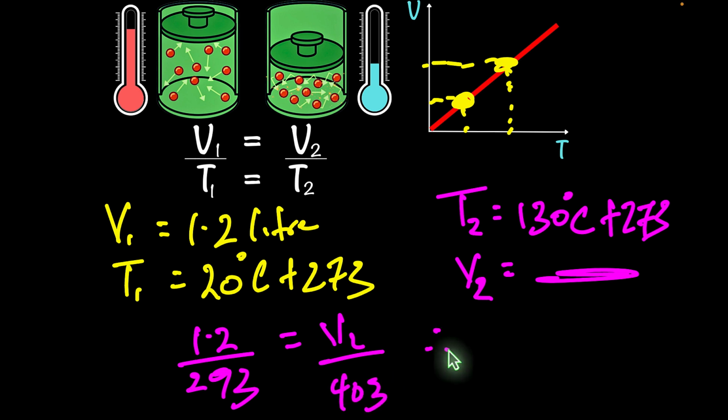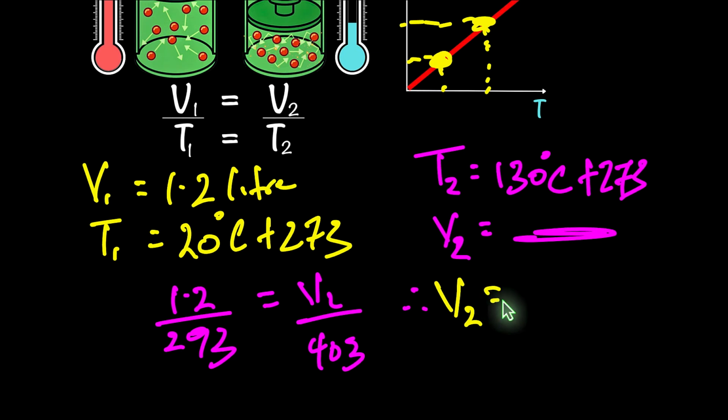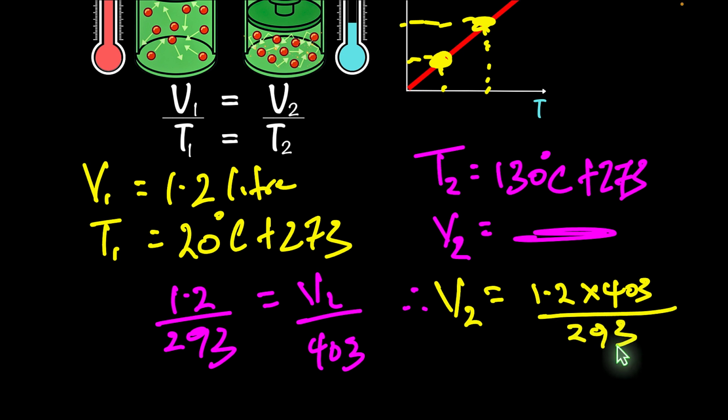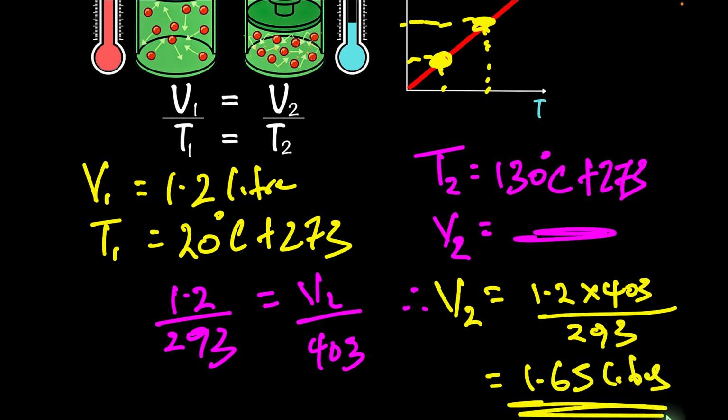So what that leaves us with is V2. We can choose to just work out what's on the left and then multiply, or we can simply do 1.2 times 403, all divided by 293. And that gives us our V2 of 1.65 liters.